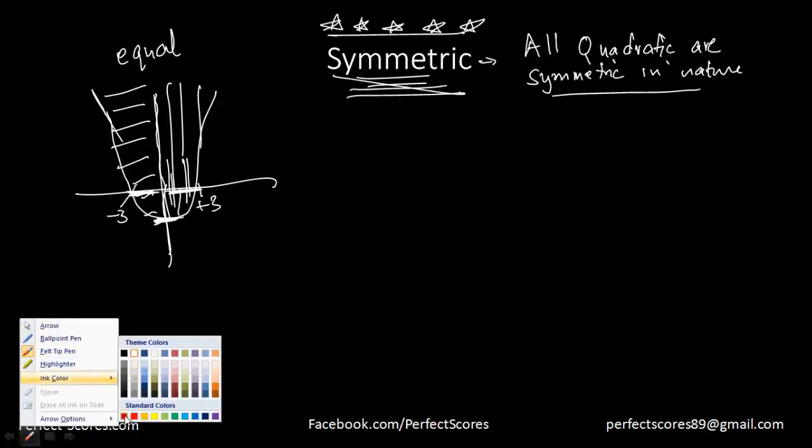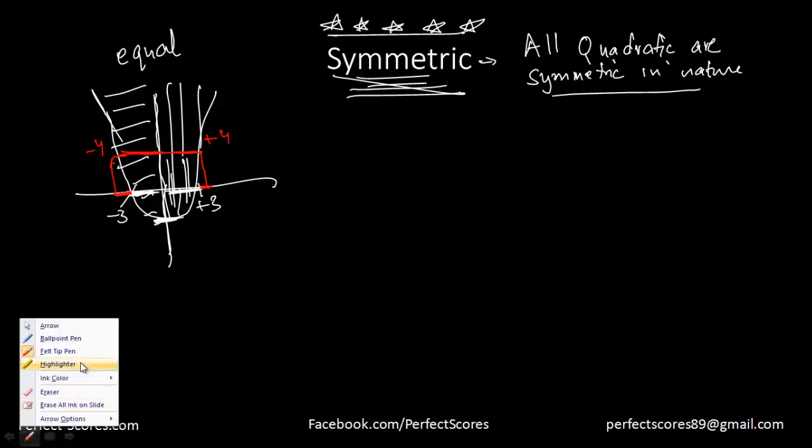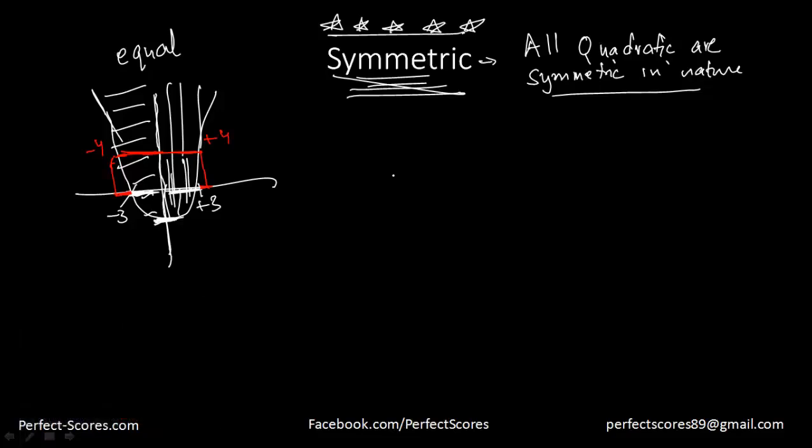Similarly, if I say that this over here is negative 4, distance from here to here is negative 4, distance from here to here would be positive 4. Similarly, if I drop a perpendicular from here and I drop a perpendicular from here, the distance from here to here will be equal to distance from here till here. Let me draw another diagram and show you that.